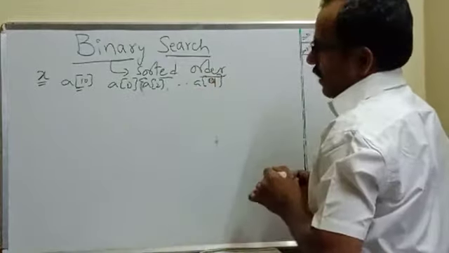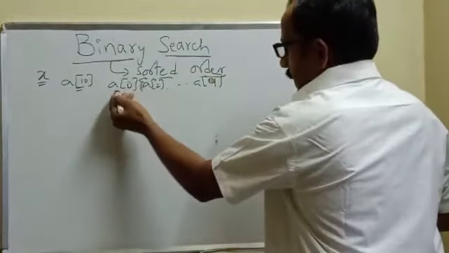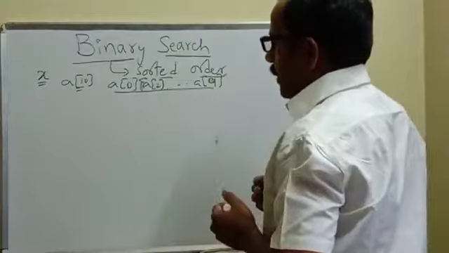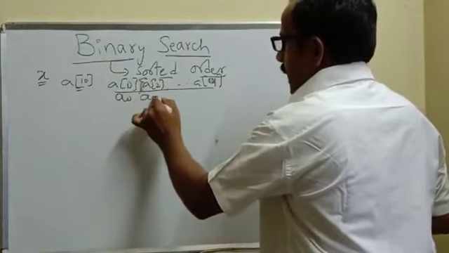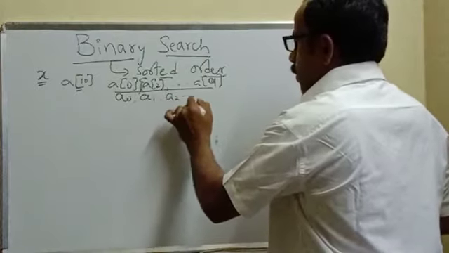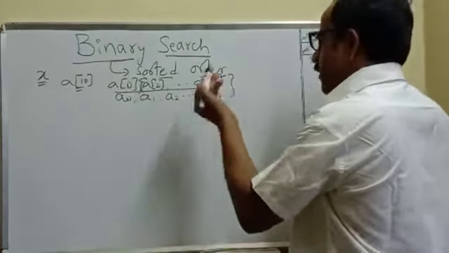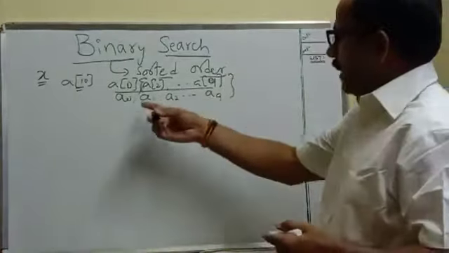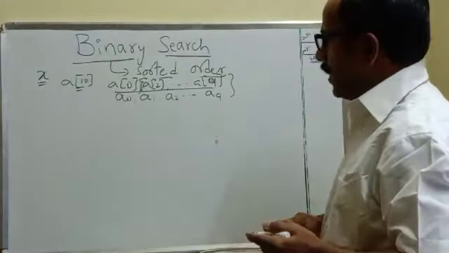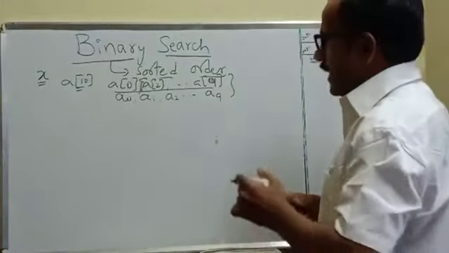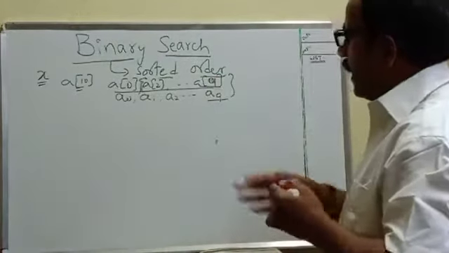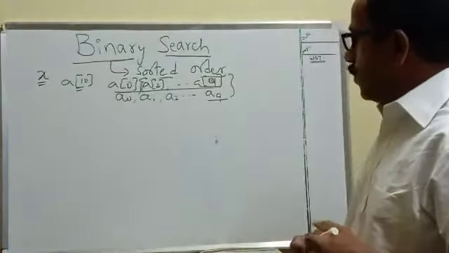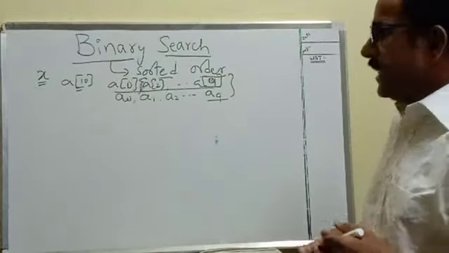Or we can also use the lower subscript representation, A0, A1, A2, and so on, A9. Whatever the representation, one is used for representing the first element, and the other for the last element. Either representation we can use for accessing the elements.